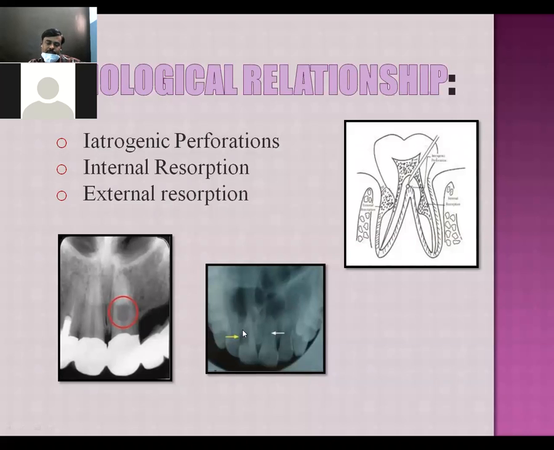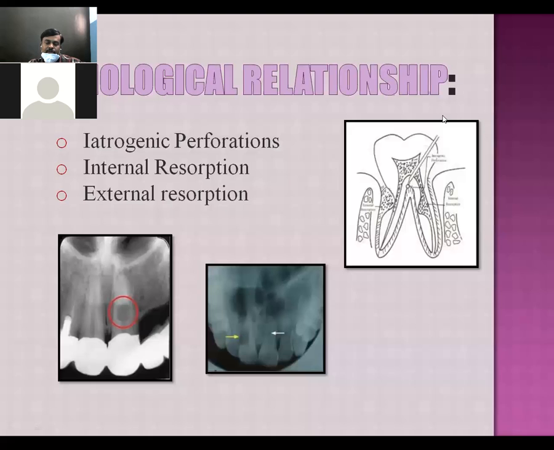External root resorption also helps in communication with endodontic and periodontal tissues. So these are the three factors considered in the pathological relationship between endo and perio.